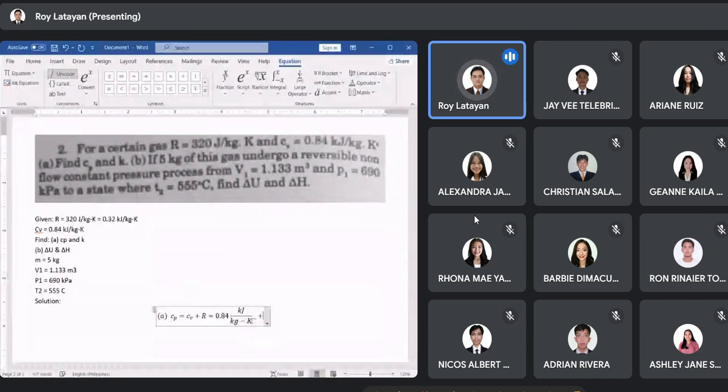So, gagamitin natin 0.32 kilojoule per kilogram Kelvin. Para yung unit, pwede mo siyang i-plus. So, this is simply 1.16. Tama ba? Track lang kung tama.